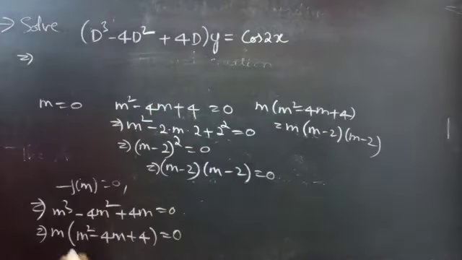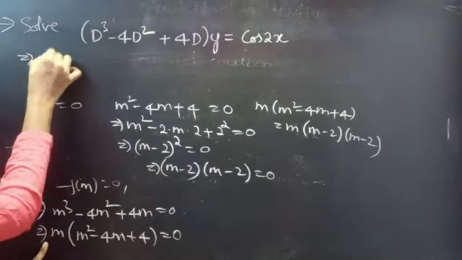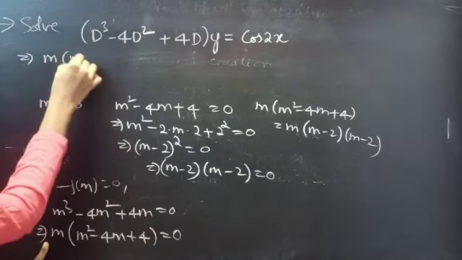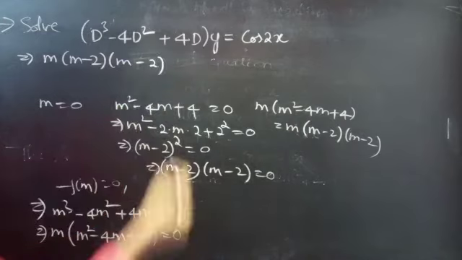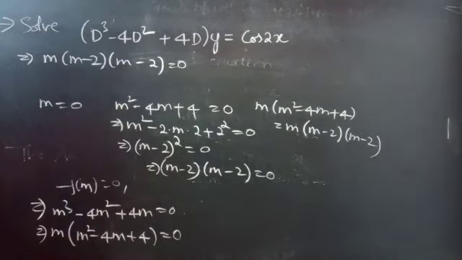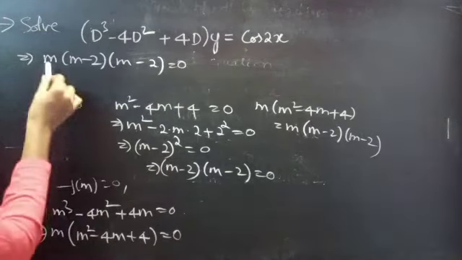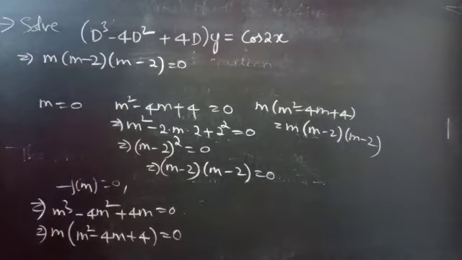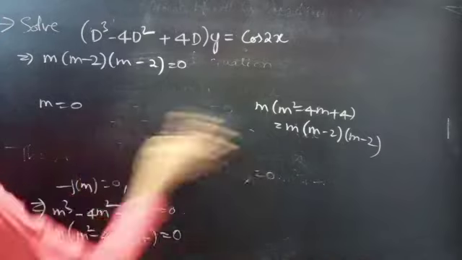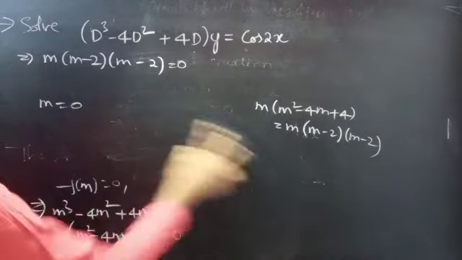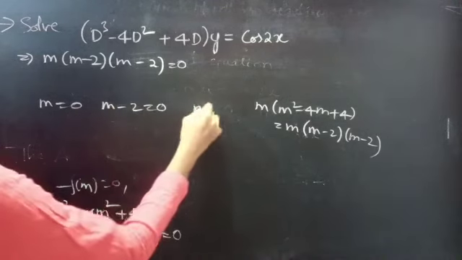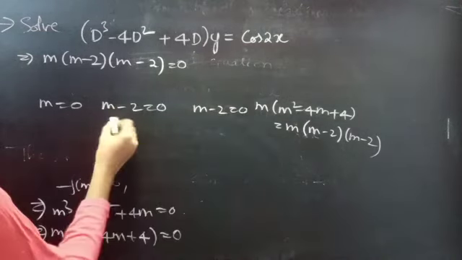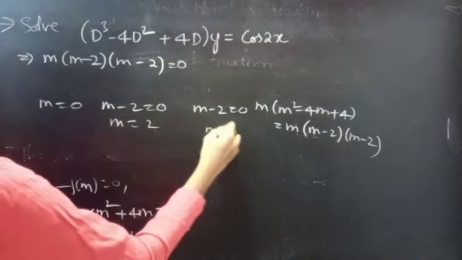Right? Then we can write this equation as m into (m minus 2) into (m minus 2) equals 0. So by equating each factor to 0, we'll get m equals 0, m equals 2, m equals 2.